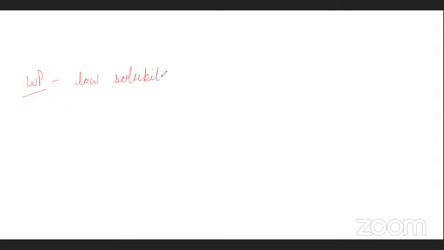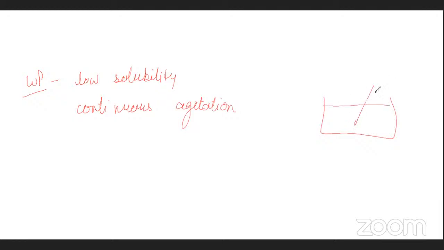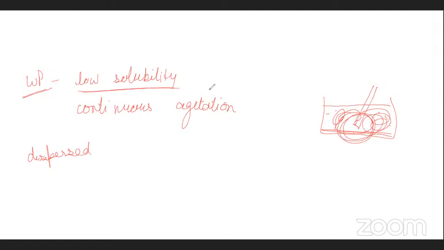Okay, so in this we have to give continuous agitation, means if we have kept it in any container, then with one rod or hand we have to circulate it, so that it does not precipitate at the bottom of the container, because it is only dispersed in the liquid. Okay, because it's having low solubility.